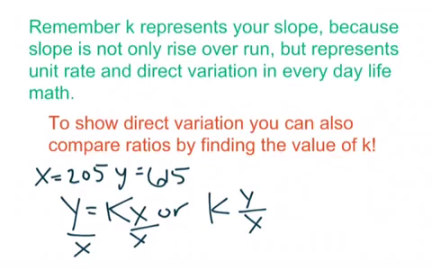All you're going to do is set it up just like that. We're trying to find out what k is going to be equal to, so we're just going to plug in our values. So this is going to be k equals 615 over 205.